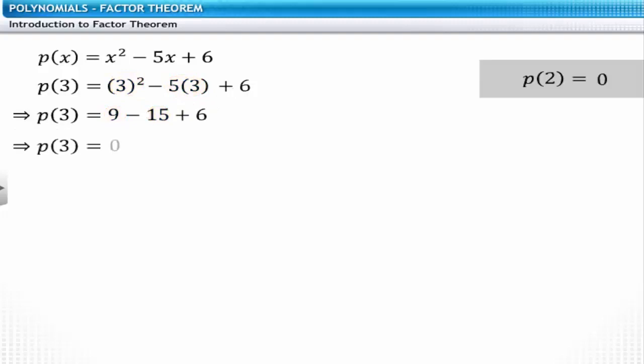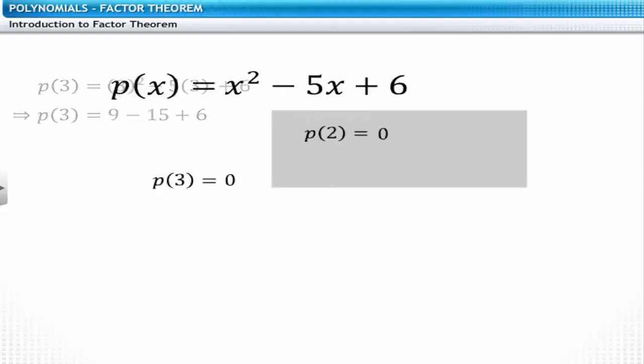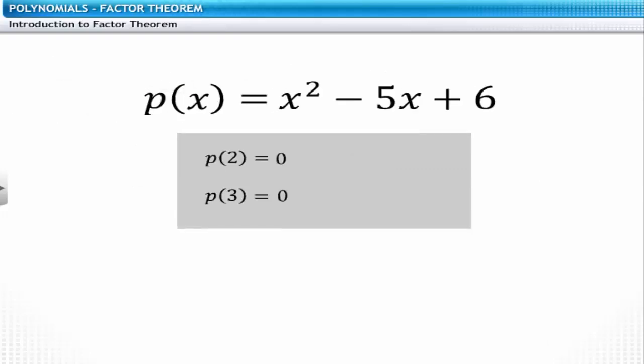We get p of 3 equal to 0. Based on the above discussion, we can sum up that p of 2 is equal to 0 if and only if x minus 2 is a factor. Similarly, p of 3 is equal to 0 if and only if x minus 3 is a factor.